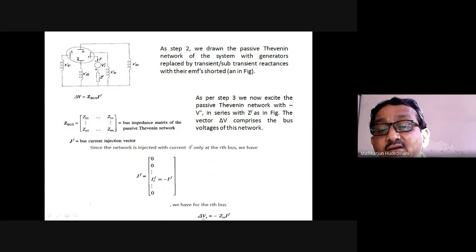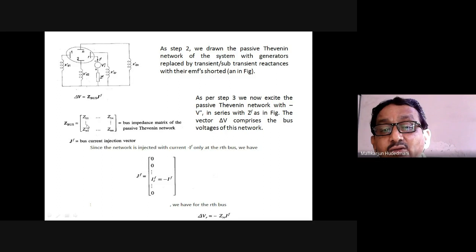For that, delta VR equal to, when I take this product, this vector with this is a column vector. This is the dimension of a matrix n cross n. When I take the rth row multiplied with the column, here I have row number r, Zr1, Zr2, Zr3, up to Zrn.